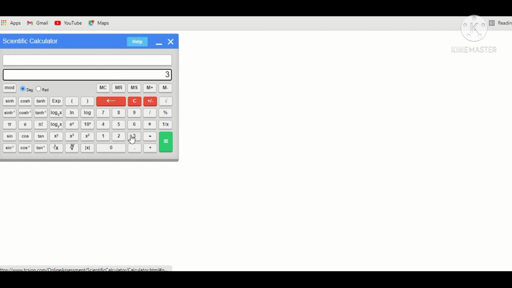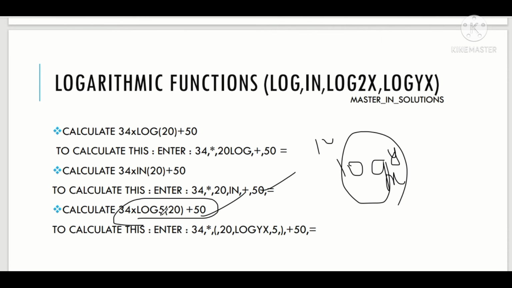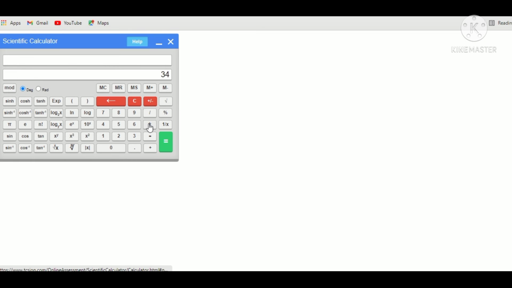We are having 34, and we have to enter log 20 to the base 5, so we have to enter the 20 as the first value, as we have entered in this manner, then log to the base y. Then 34 into log xy to the base y.